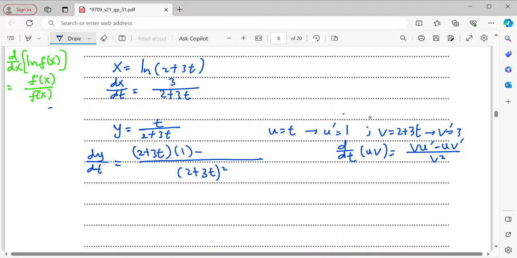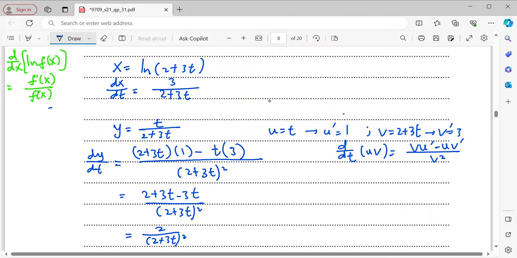Then minus u v prime, the u is t, the v prime is 3. Then you will get 2 plus 3t minus 3t. So at last it will be 2 over (2 plus 3t) squared. This is going to be the dy/dt.